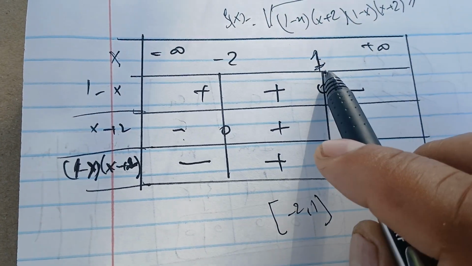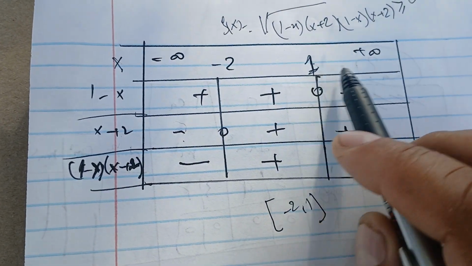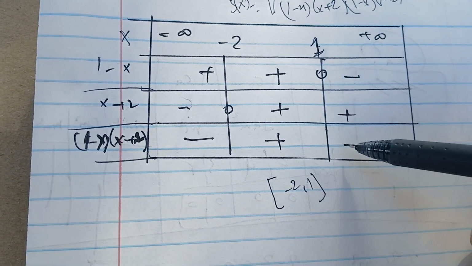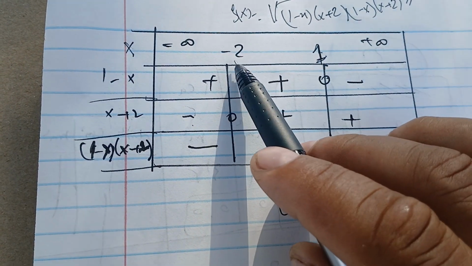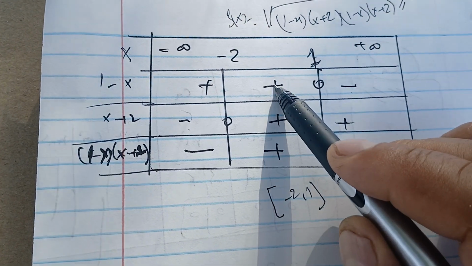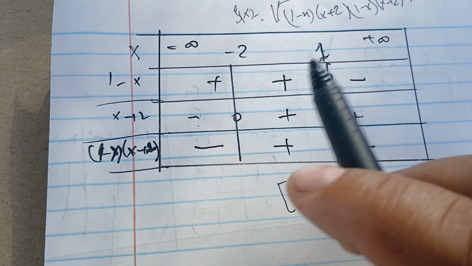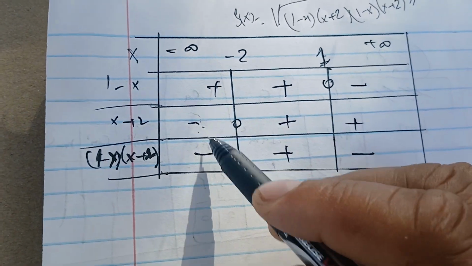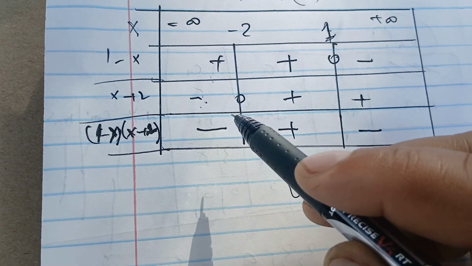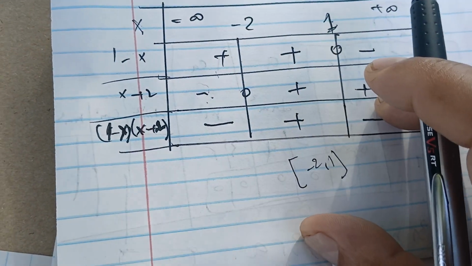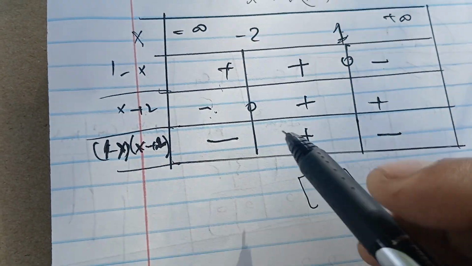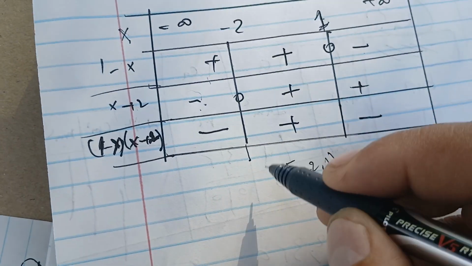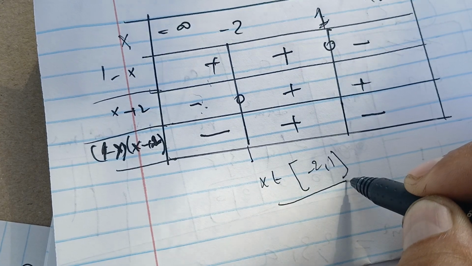Between 1 and plus infinity, one is negative and one is positive, so the product is negative. On the interval minus 2 to 1, both are positive, so I have a plus sign. On minus infinity to minus 2, one is positive and one negative, so the product is negative. Since I'm interested only in the positive part, I find this interval, minus 2 to 1. So x has to be in this interval.